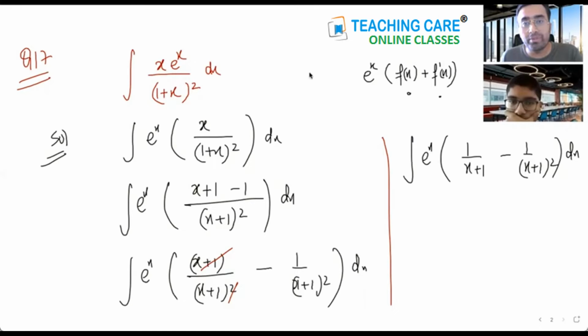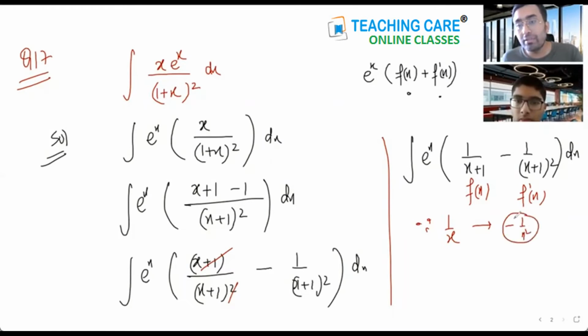So what you can observe from here is that this is your f(x) and this is your f dash x. Since you know that if a function is 1 over x and you differentiate it, it is going to be minus 1 over x square. The derivative of 1 over x is minus 1 over x square.